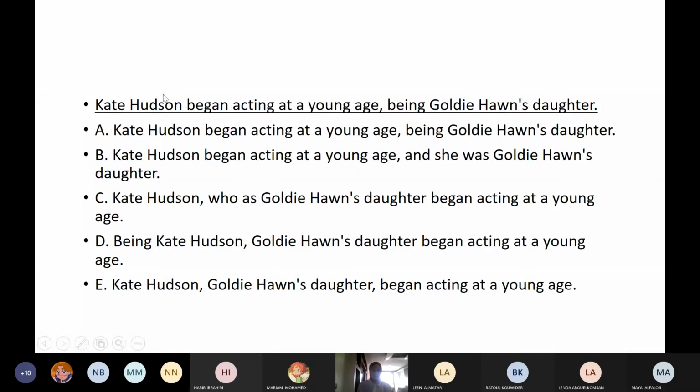Kate Hudson began acting at a young age, being Goldie Hawn's daughter, and it is not correct. Being Goldie Hawn's daughter is so far away from Kate, and being Goldie Hawn's daughter is for Kate Hudson. How can I repair it? Which one is correct? Look at them, girls, and tell me.